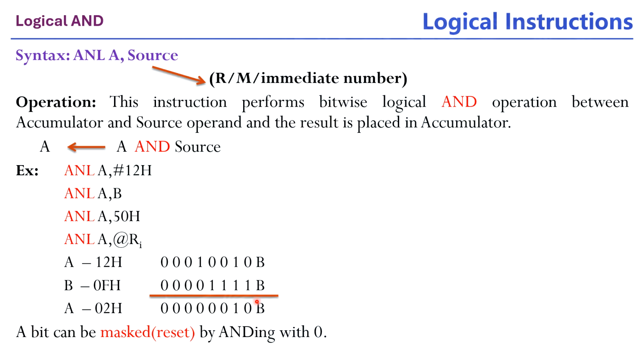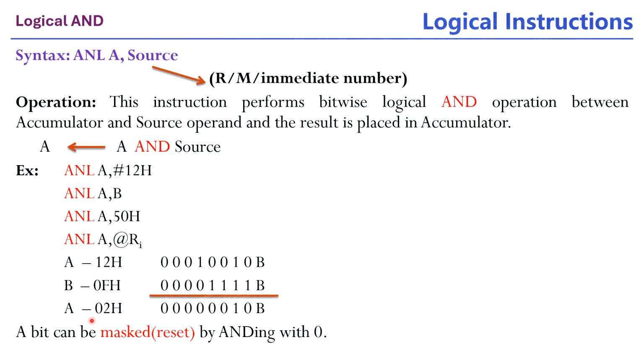So how does this result come? Because the logic here is AND logic. AND logic is nothing but multiplication of the bits, bit by bit. So here 0 multiplied by 1 is 0, 1 into 1 is 1, 0 into 1 is 0, 0 into 1 is 0, 1 into 0 is 0, 0 into 0 is 0, 0 into 0 is 0, 0 into 0 is 0.